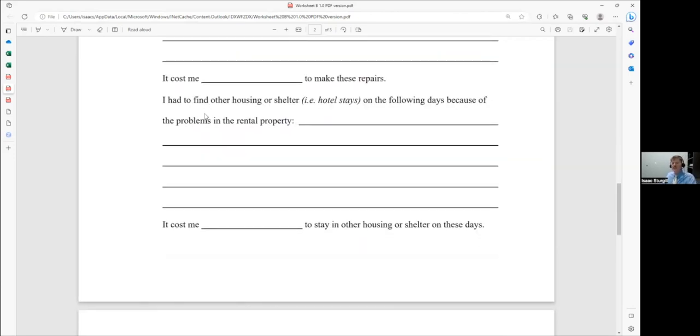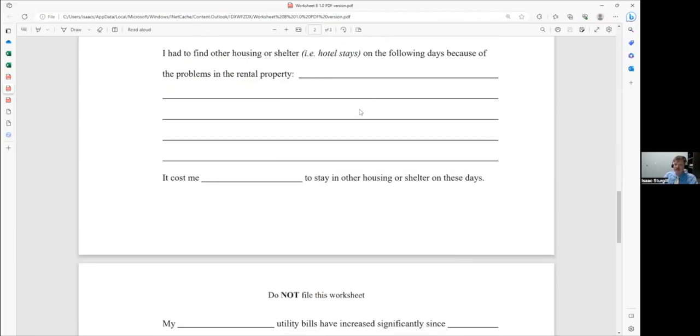Sometimes repair issues are so bad that the tenant is forced to actually go to a hotel or to stay somewhere else while they're waiting for the repairs to be made. I think no heat during the wintertime is a classic example of that. If it's so cold in there that the tenant feels like they're unsafe and they have to get out, or maybe there's some other condition in the property that's dangerous and that could hurt the tenant, so the tenant feels like they have to find somewhere else to stay until the repairs are made, that's a place to list this.